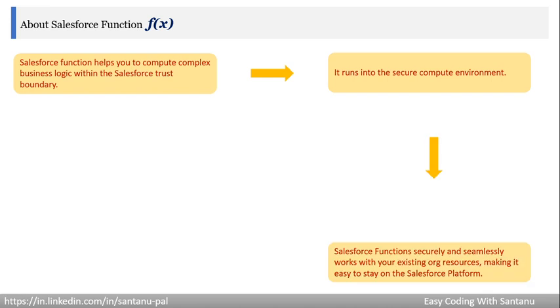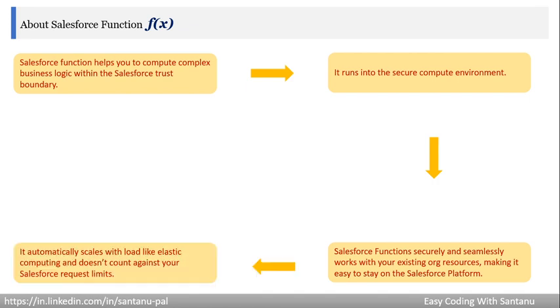Then Salesforce Functions securely and seamlessly works with your existing org resources, making it easy to stay on the Salesforce platform. So we can use Salesforce Functions for operations which can be visible or controlled by the Salesforce platform. Using Salesforce Functions, we can do CRUD operations, create, read, update, delete, on Salesforce records as well.